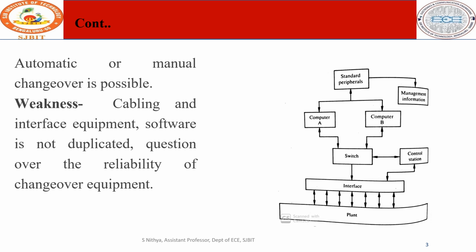When we use the dual computer, in the event of failure of one computer, the other will take over the task. In some schemes the changeover is done manually, and in others automatically, if failures occur.